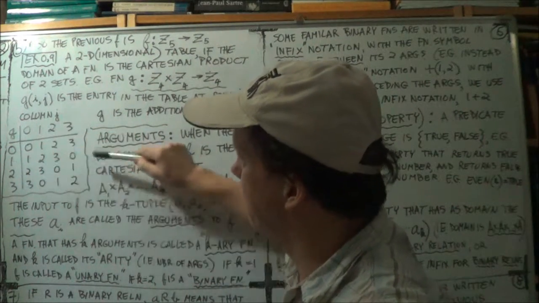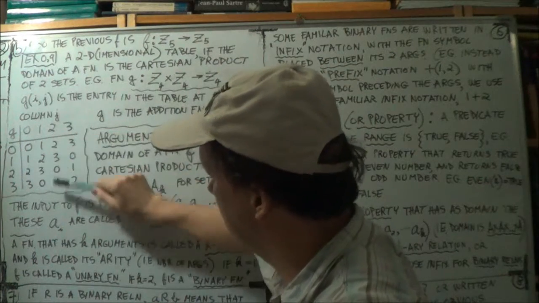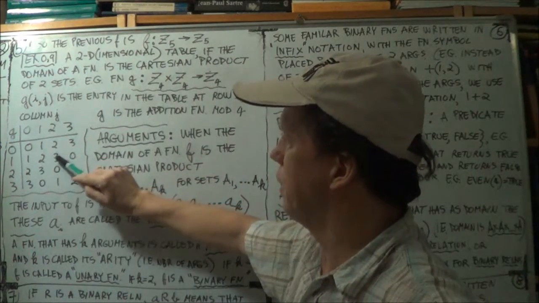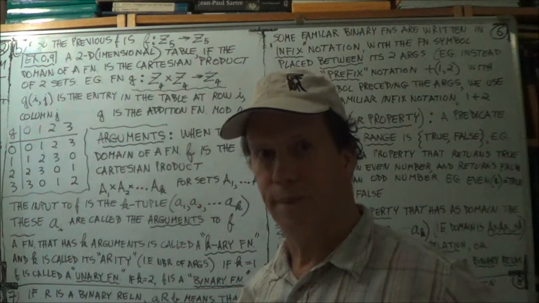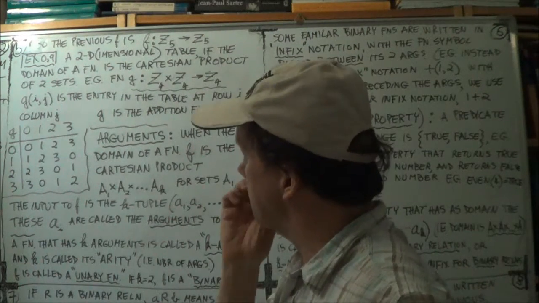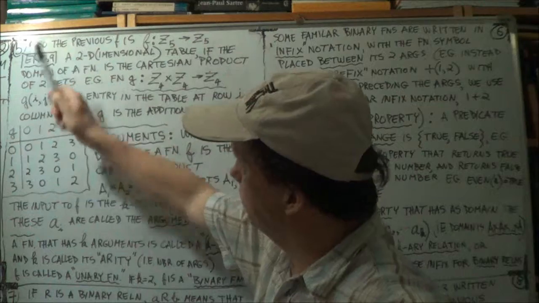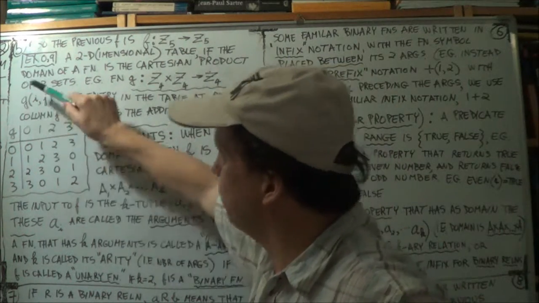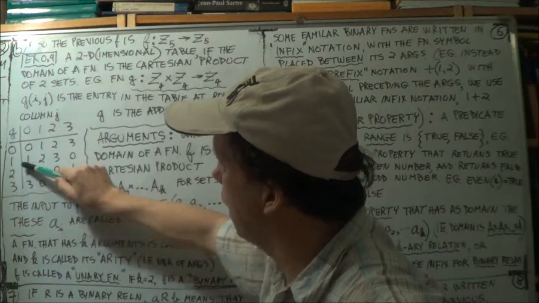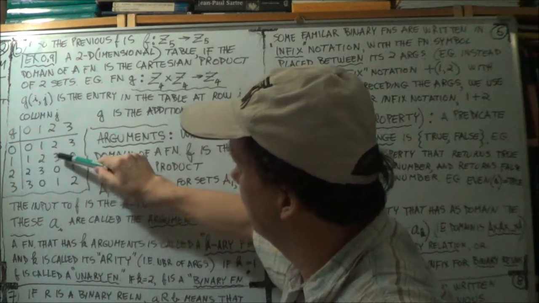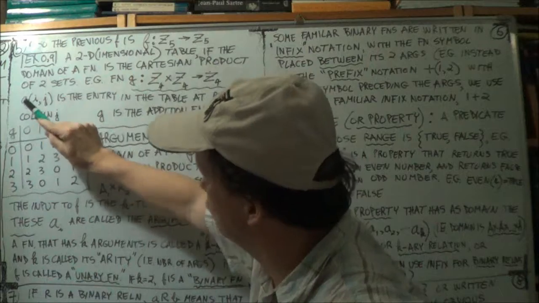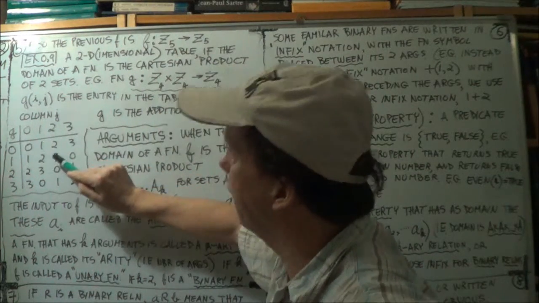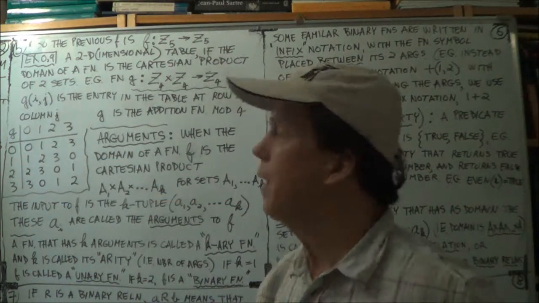And where they intersect, in other words, this value here, this 3 here, that's your output. So g of (1, 2), remember g is your mapper, your function, it'll map (1, 2) to 3. The output of g(1, 2) is 3. This one.